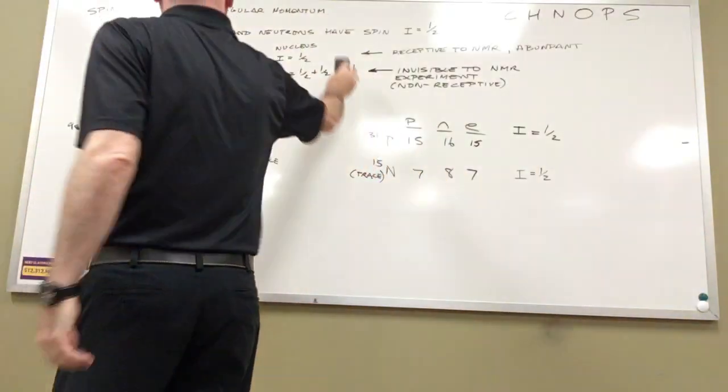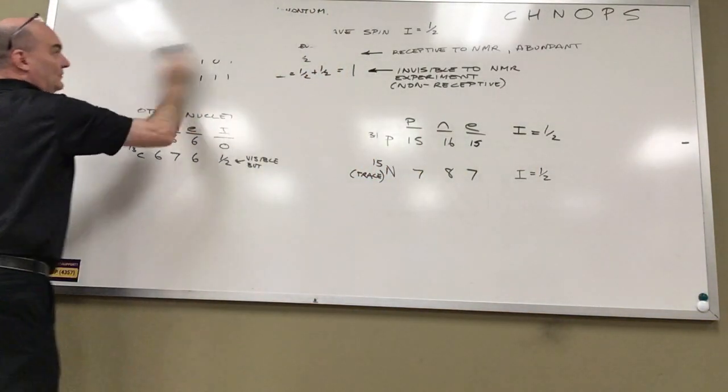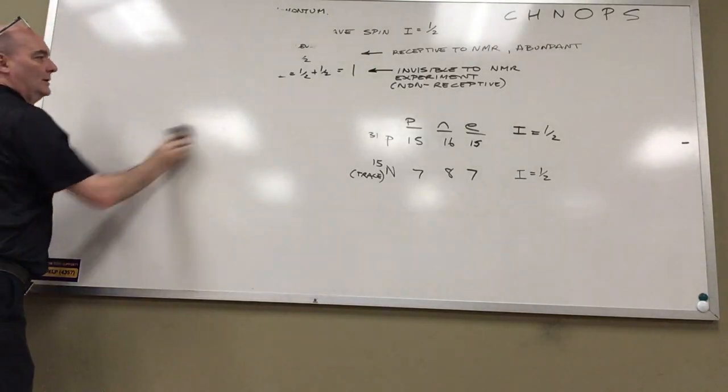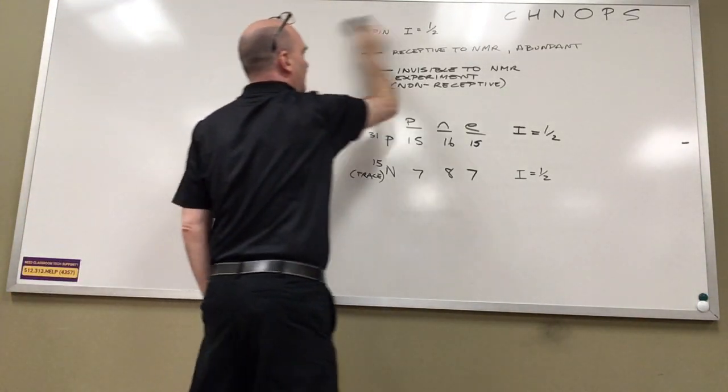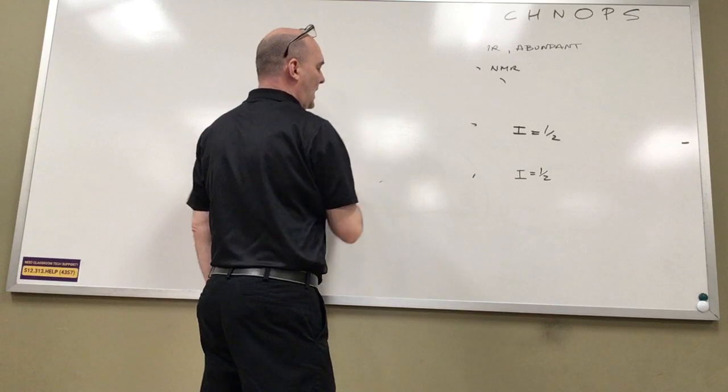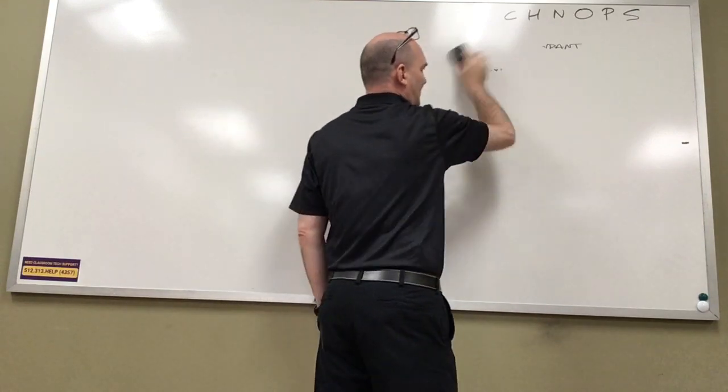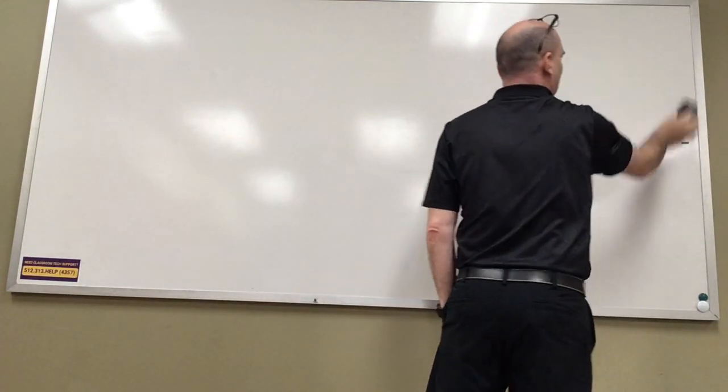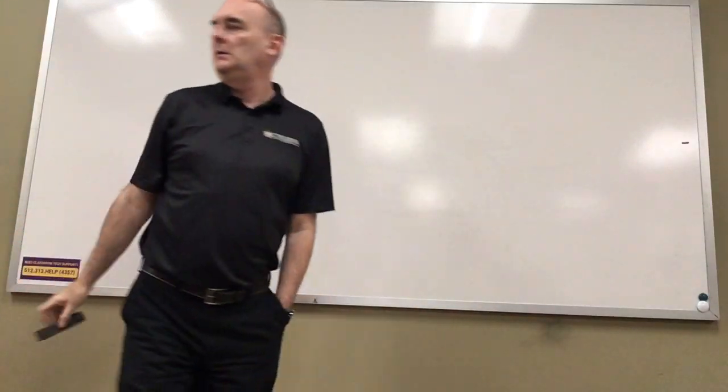If you put that magnetic field inside a huge external magnetic field, then the nuclei line up, and then if you pulse the nuclei at 90 degrees with radio frequency, you knock them off their axis. They precess, so they resonate, and then they relax and precess back to their own place.